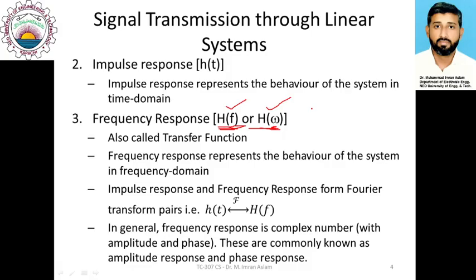One of the important things related to the frequency response is that it is a complex number. When we were talking about the spectrum in the frequency domain, we discussed that whenever we transform a signal into the frequency domain, we typically get a complex number, and with complex representation you eventually get a two-sided spectrum.